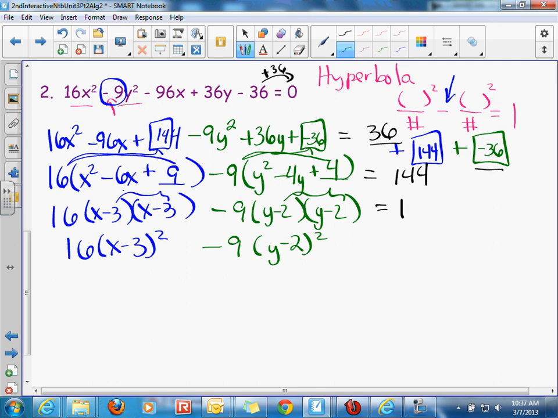So I'm just going to copy that. Just like with the ellipse, the right side is supposed to have a 1. So we're going to divide each piece of this equation by 144 so that we can have it be 1 on the right side.